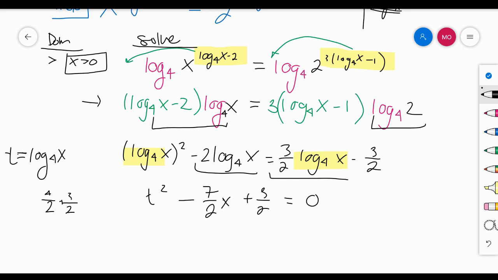Let's multiply everything by 2, shall we? This is supposed to be a t plus 3. Not 3 over 2. I think I'm tired. Just 3. All right.